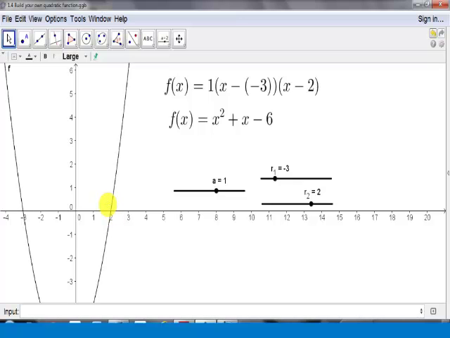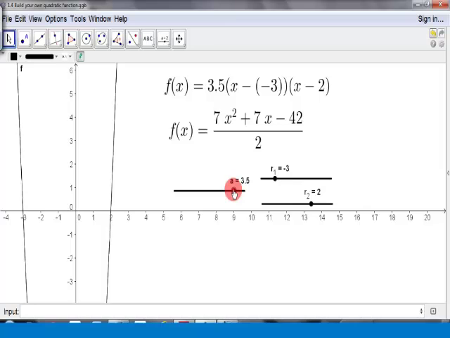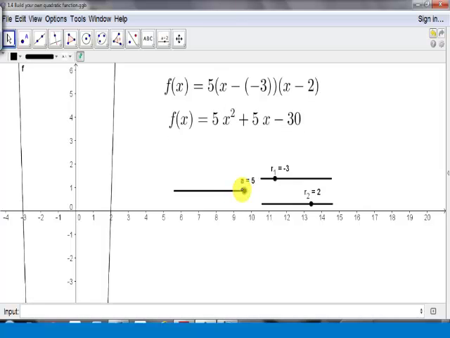Now, what effect does changing the value of a have on the solutions? A is right here. This a equals 1 right now. We want it to be 5. It makes the graph a lot steeper, but it does not affect those x-intercepts.